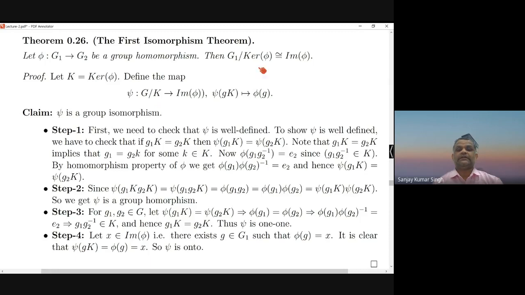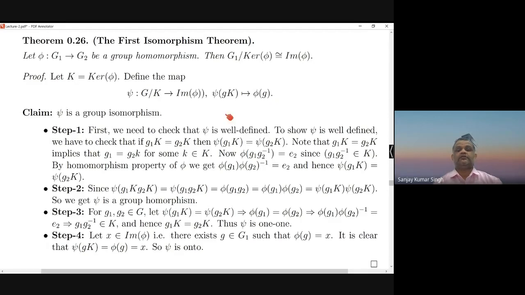Because it can be seen easily that the kernel of phi is a normal subgroup, and that's why G by K makes sense. The coset group makes sense because the kernel is a normal subgroup. And also we don't care about left and right because both are the same. So here I am just taking left. So now this is a left coset, and I am sending this element to phi of g. What is phi of g? Phi is defined here.